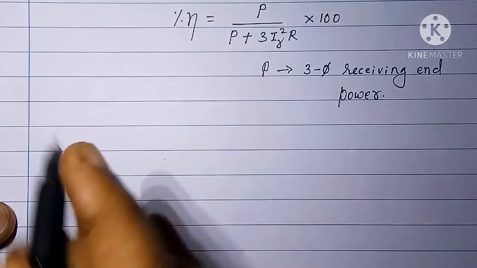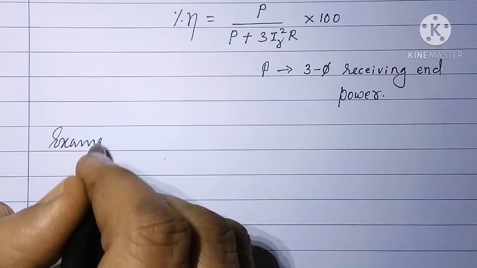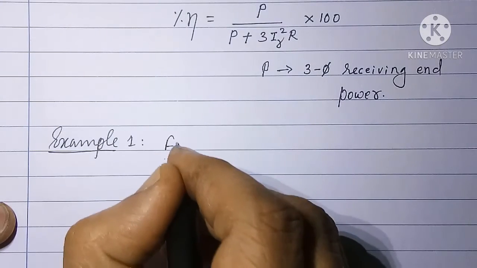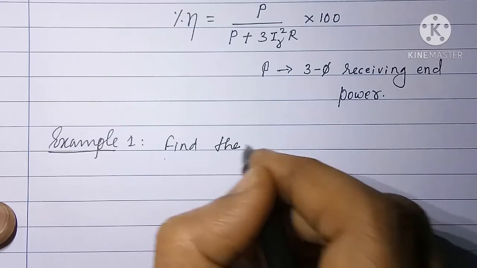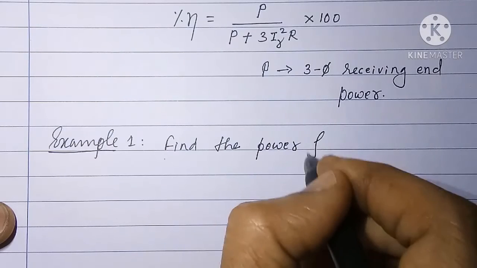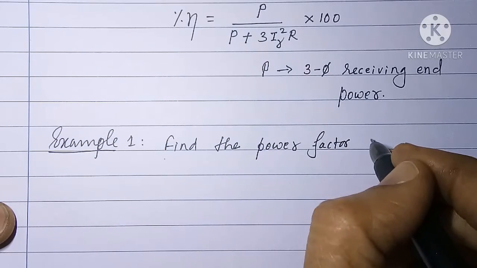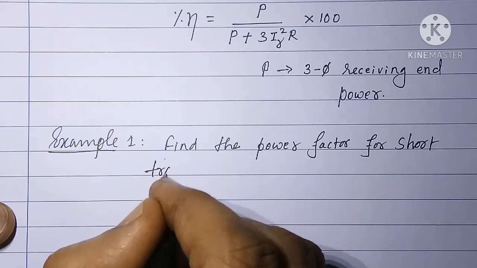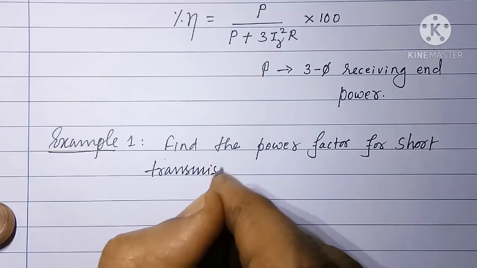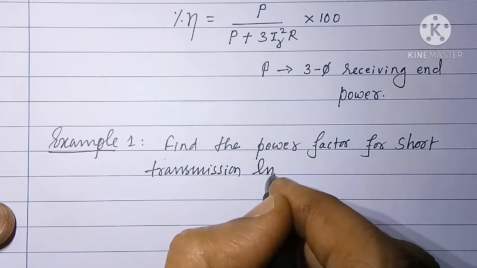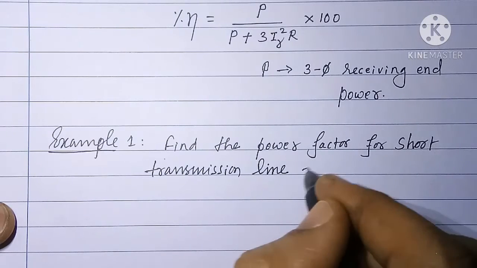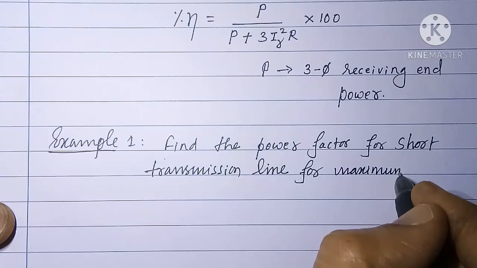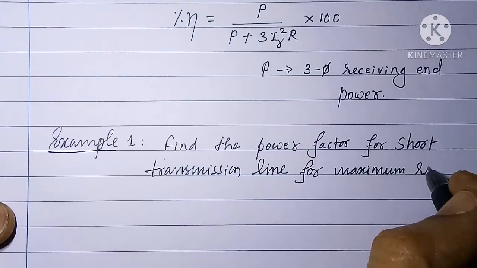Now we'll take one small example here. Find the power factor for short transmission line for maximum regulation.